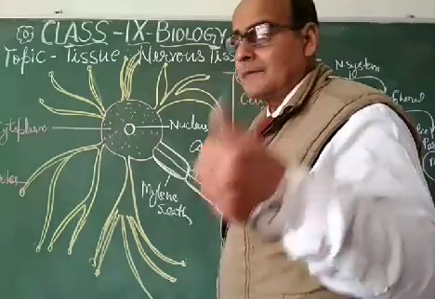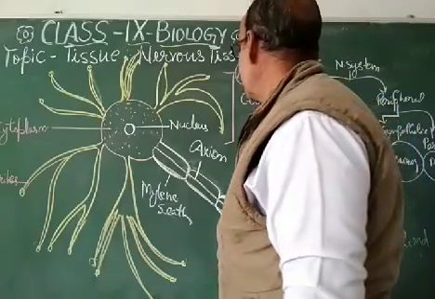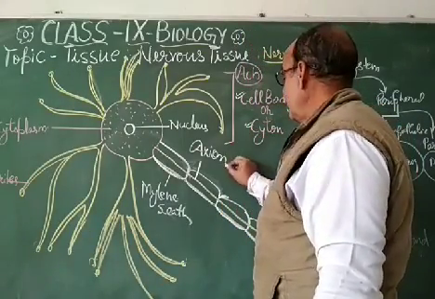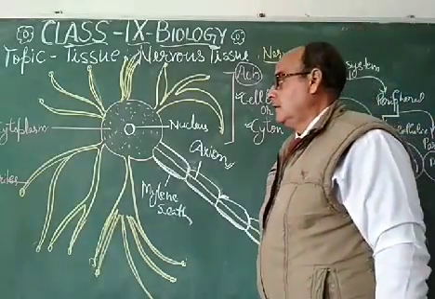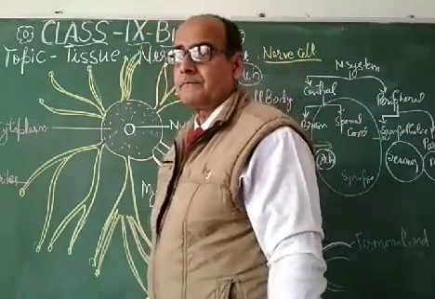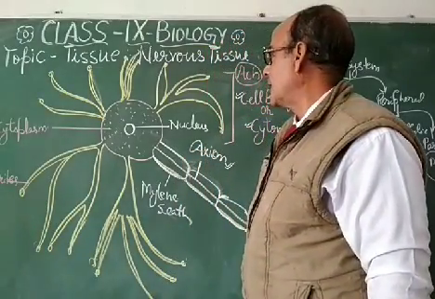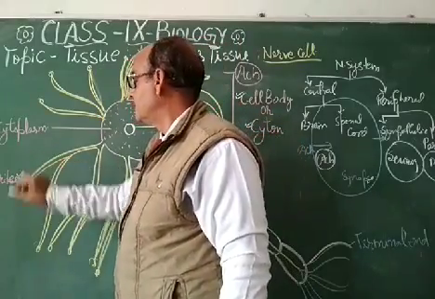How many main parts of the nerve cell are there? The main parts of the nerve cell are cell body or cyton and axon. What is the name of the structure that arises from the cyton? These structures are dendrites.